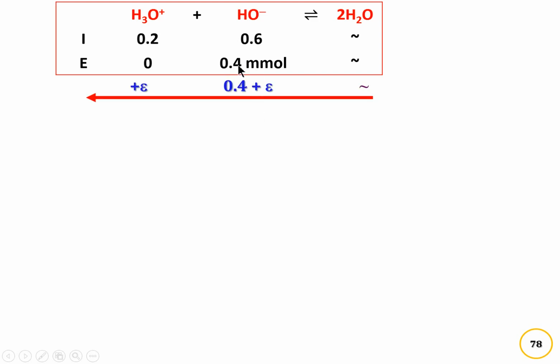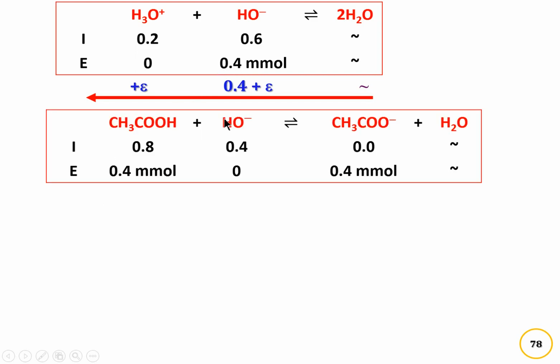This OH⁻ will be transferred to reaction 2 with acetic acid. We have initially 0.8, and we have 0.4 remaining from reaction 1, and 0.